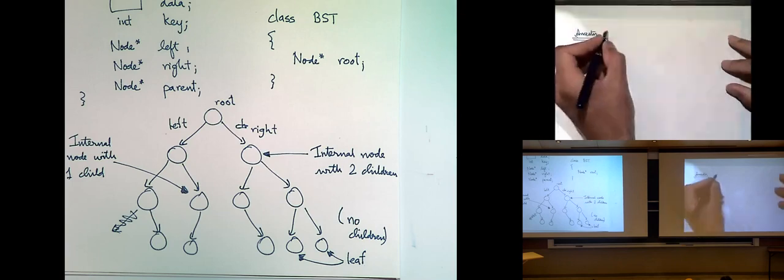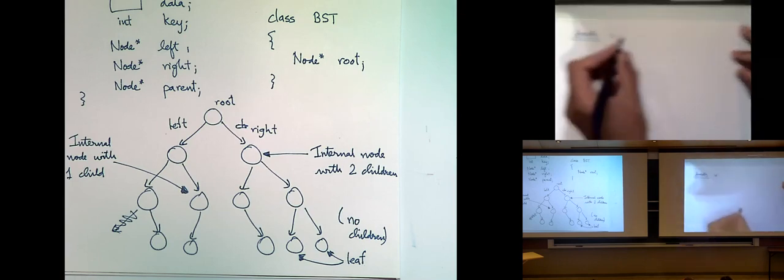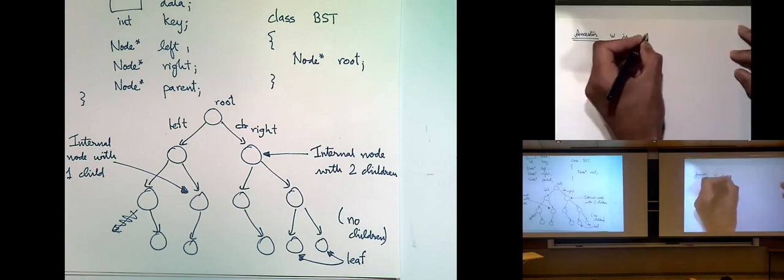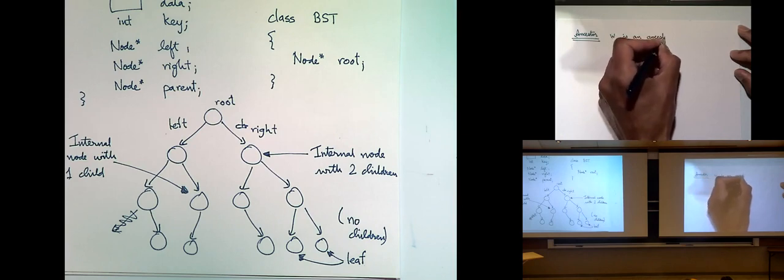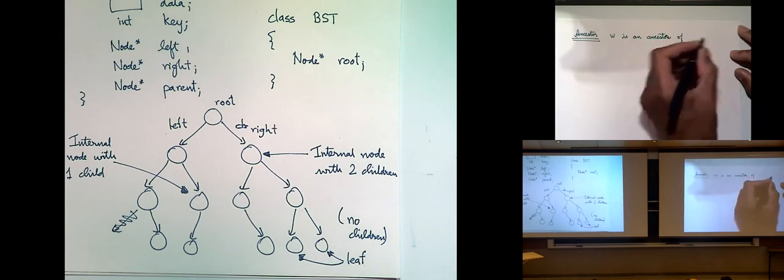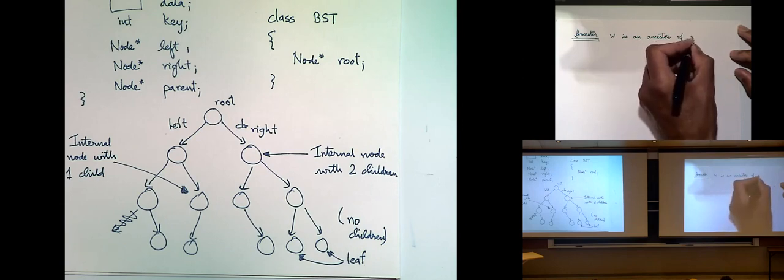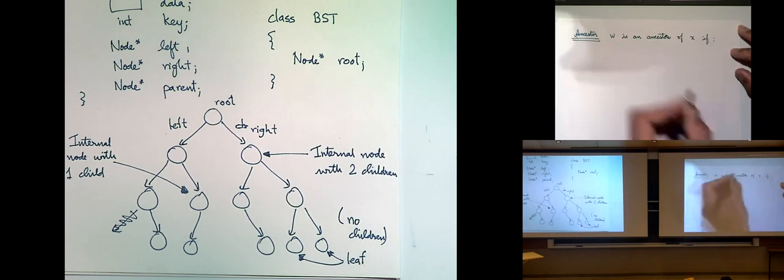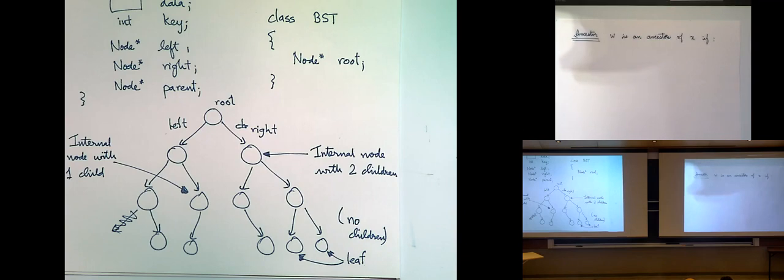So W is an ancestor of, let's say, X, where W and X are nodes. For example, maybe that's W and that is X.